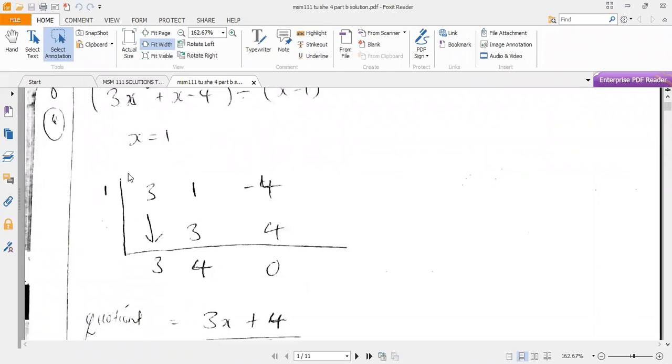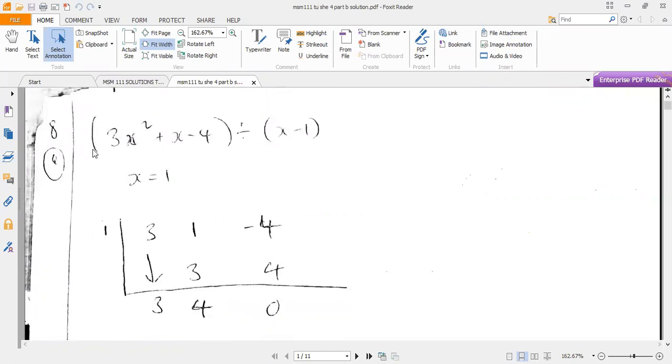This value for x, you put in front there. Now the coefficients of your polynomial: you put a 3 there. The coefficient for this x is 1, so you put a 1. The coefficient for this constant is negative 4, so you put negative 4 there.